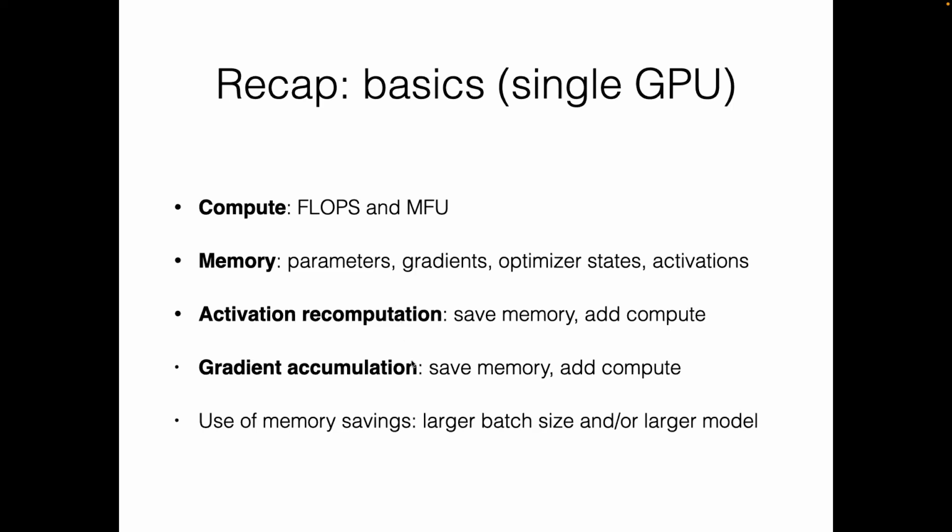And then two different strategies, activation recomputation and gradient accumulation. If you do this, again, you can train with a larger batch size, so you can process more tokens, or you can increase the size of the model that you have. Okay, so any questions about these things before we move to the next section?